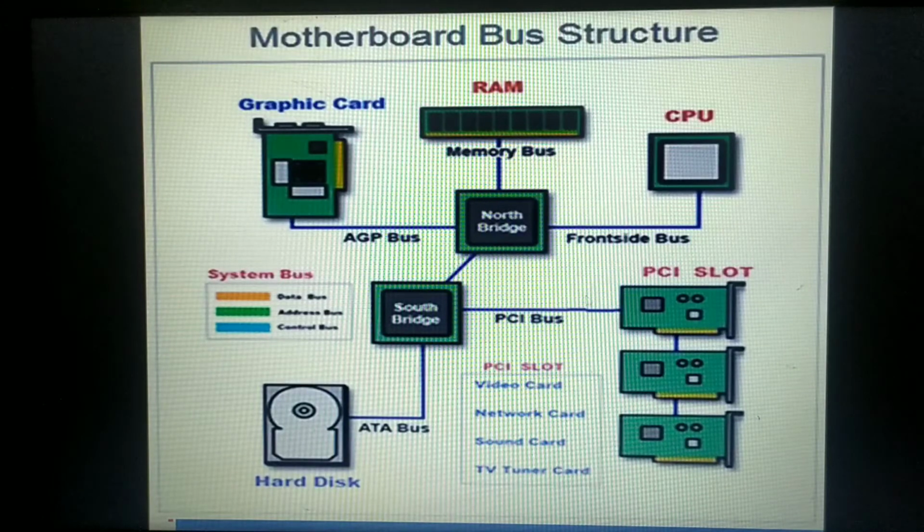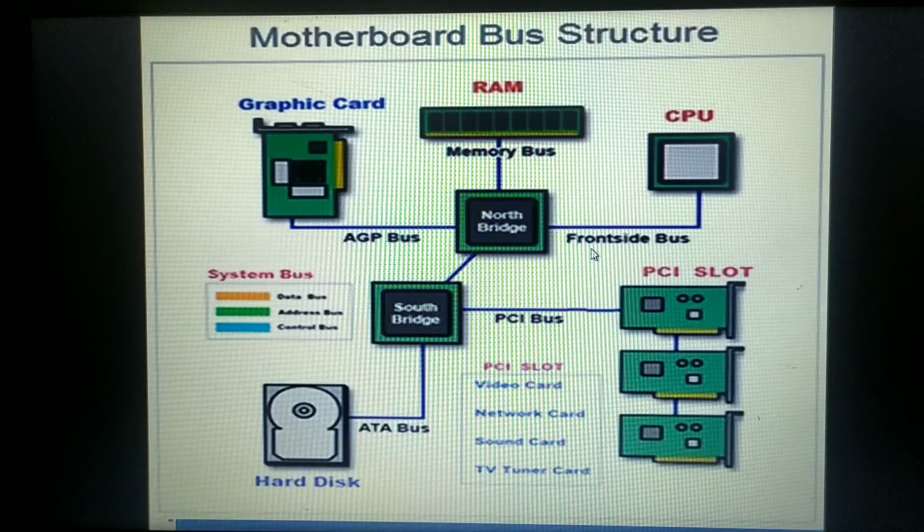Just as an example, if a bus speed is up to 66 megahertz, like for example this front side bus having a capacity of 66 megahertz, that means this particular bus can send data up to 66 million cycles per second.